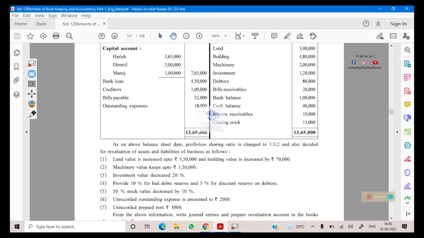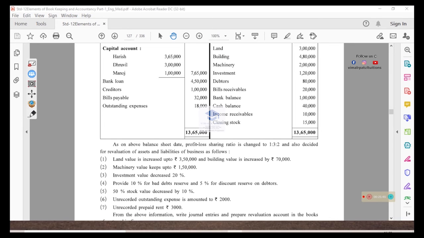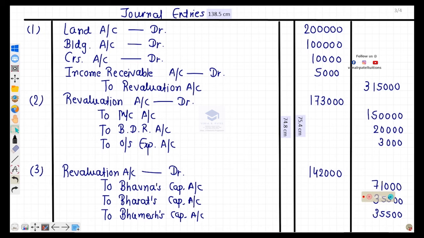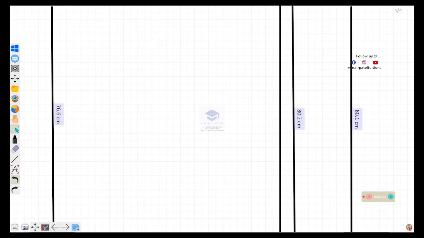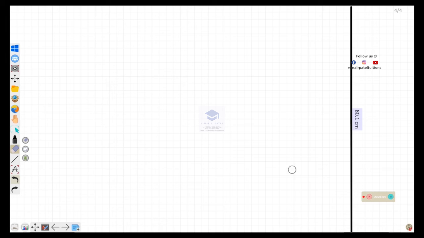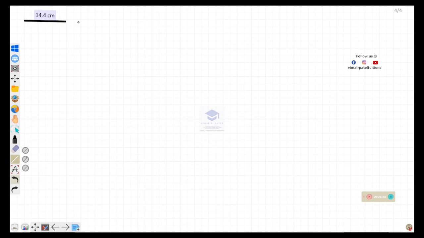Unrecorded prepaid rent is 3,000. Now make the revaluation account.